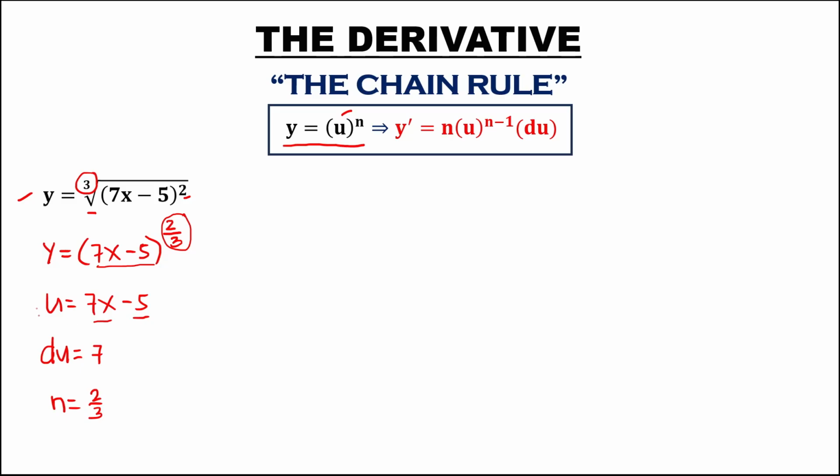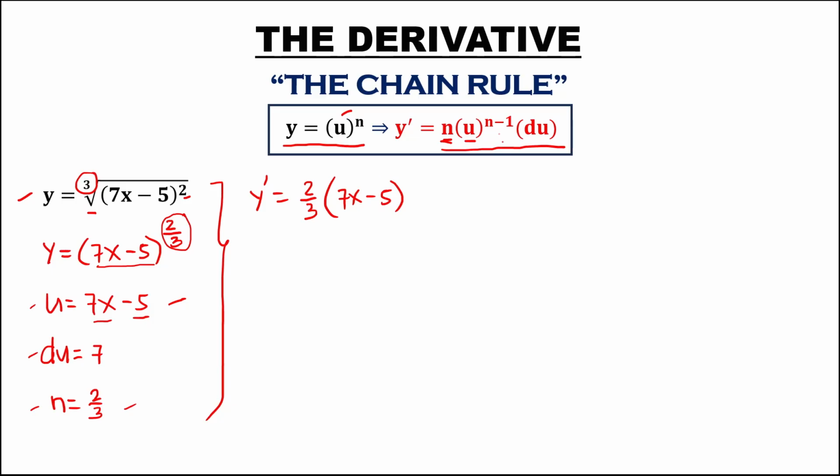Since we have now the values for u, du, and n, we can find the derivative. So y prime equals, from this formula, n, and n is equal to 2 over 3, then times u, and u is equal to 7x minus 5.